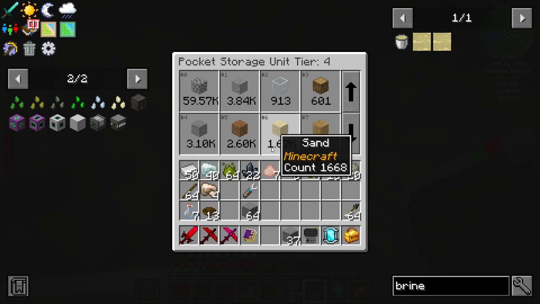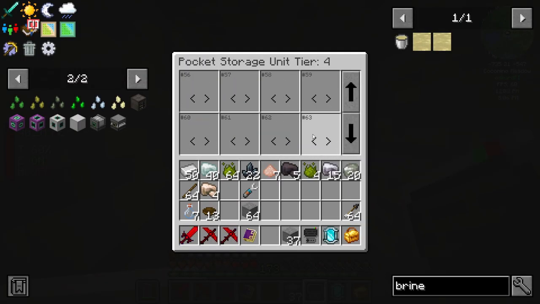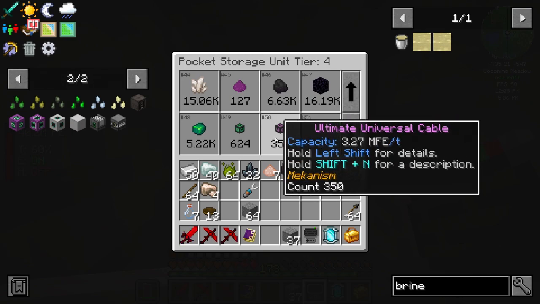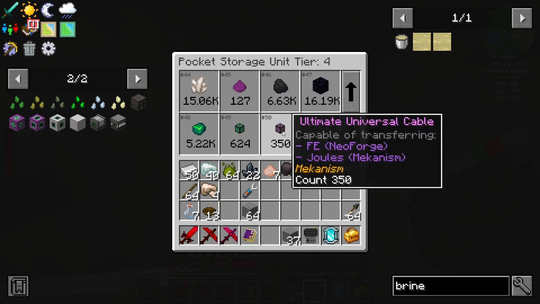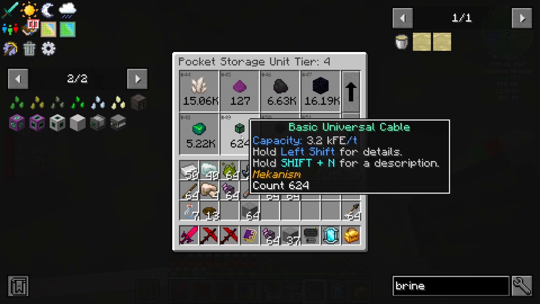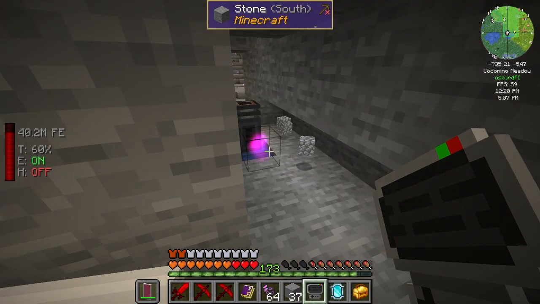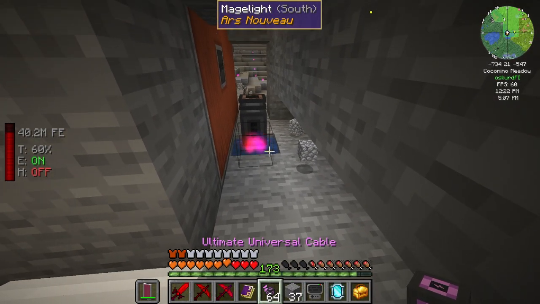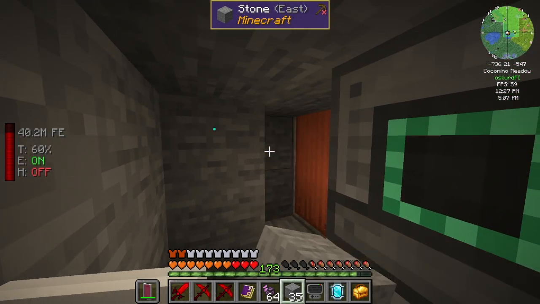And you may have noticed that I have these cables now in my storage unit, because I have so much space here, and when you build cables you do need a lot of them. So that's why I have them in here. And then universal cables, I will turn these into ultimate eventually. Those are just what I managed to pick up while I was changing my network.